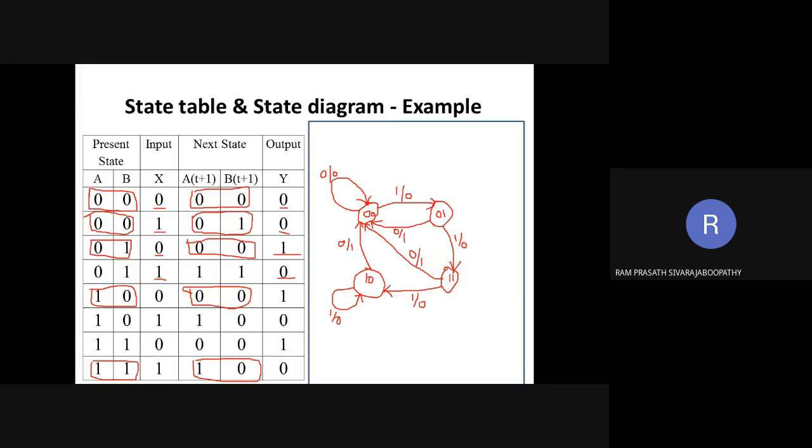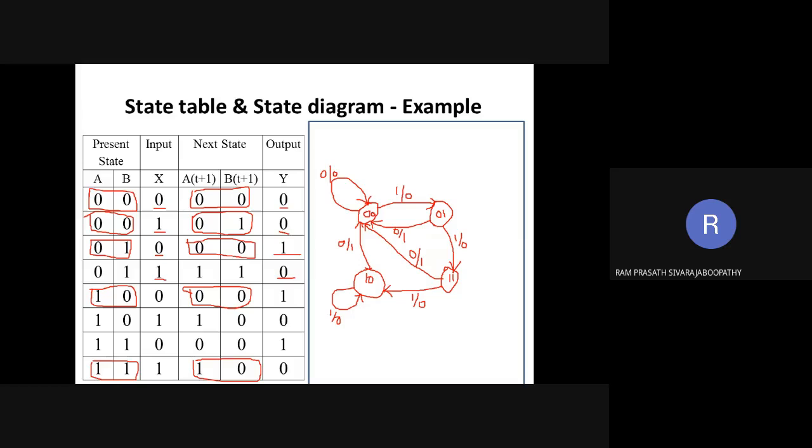Present state is the present logic stored in the flip-flop, available at the output of the flip-flop. Simply, you can say A, B is the present output. X is the input we are applying. After that, you give the clock. When the clock is given, it will change to some value or maintain its state. That we call the next state. Based upon that, you will have some output. Clear?